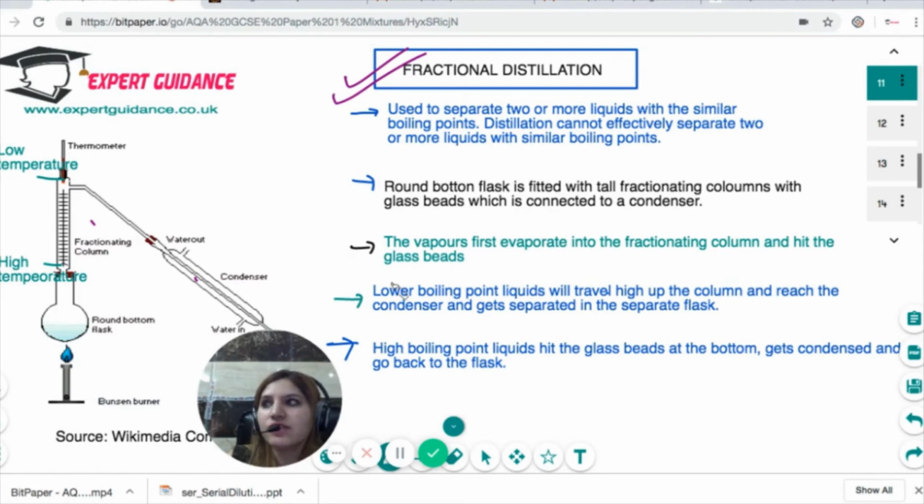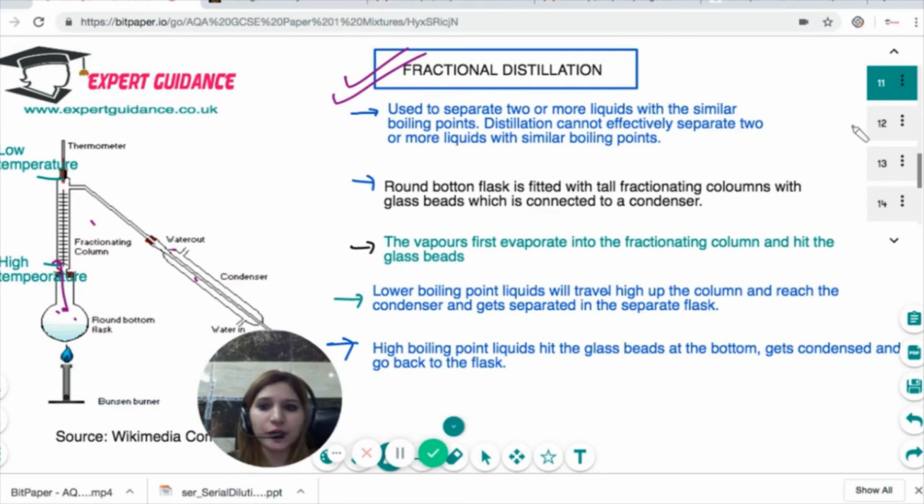The vapors first evaporate into the fractionating column and hit the glass beads. The lower boiling point liquid will travel high up the column, reach the condenser and get separated in the separate flask. And the high boiling point liquids hit the glass beads at the bottom, get condensed, and come back to the flask.